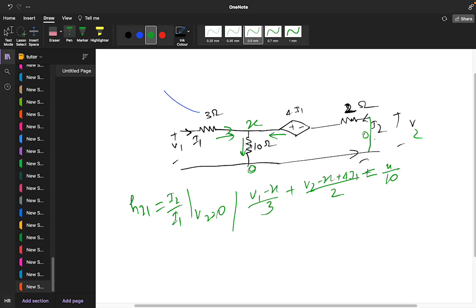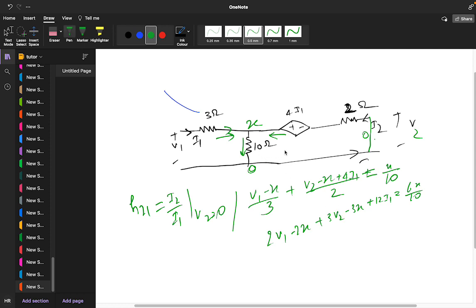Okay, so we did the KCL. So by solving this we'll get 2V1 minus 2X plus 3V2 minus 3X plus 12 I1 is equal to 6X by 10. Okay, so solve this equation, what will you get? Anyone can say what will be the resultant equation?